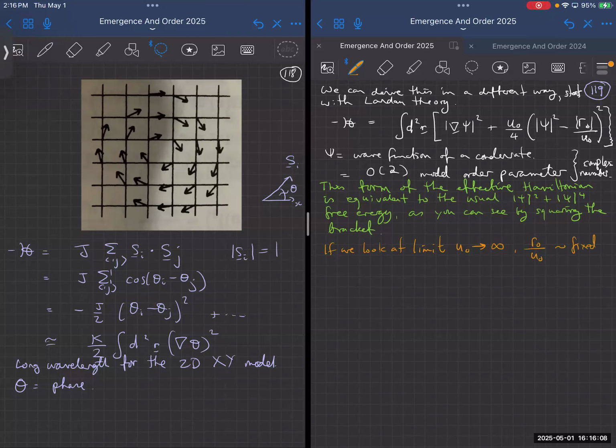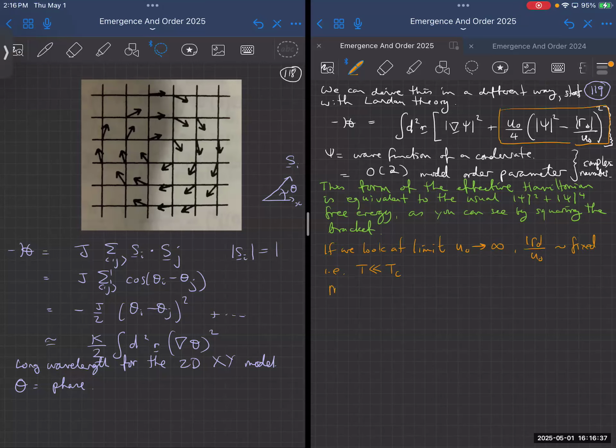So what that means is that I'm now looking at, since r_0 is going to be large, that means I'm at temperatures much lower than Tc, and so now what's going to happen is the second term in the free energy is the most important one there, and so the system is going to minimize that.